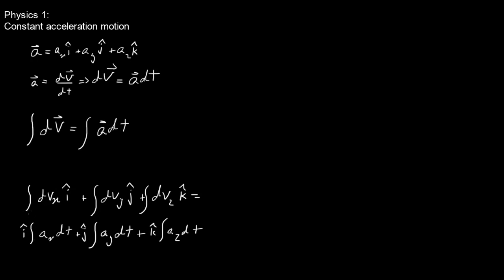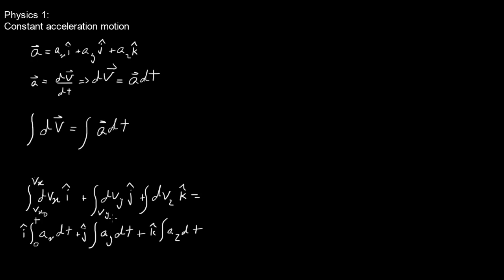Before taking the integral, we also need to fix the intervals. So let's say we start from time 0, because this is dt, so time 0 to time t. And let's say at time 0, vx was vx naught. And then finally it becomes vx.